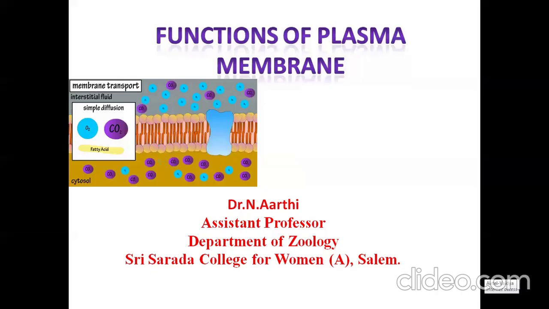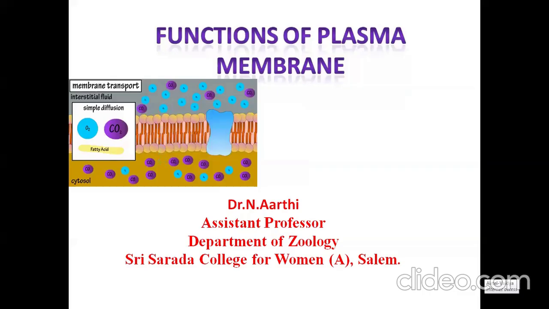This term, plasma membrane, was coined by Nageli in 1855. This plasma membrane has enormous functions in living organisms. So what are those functions? Let us see them one by one in this session.